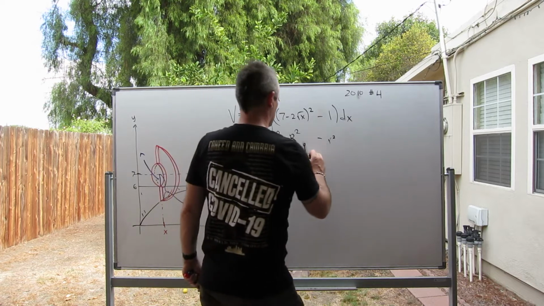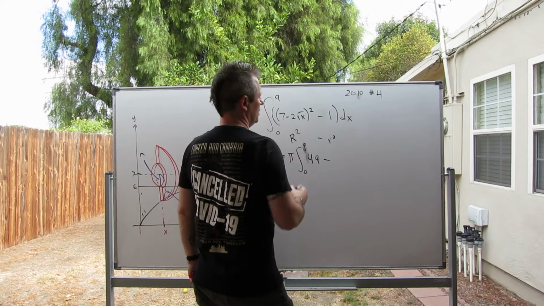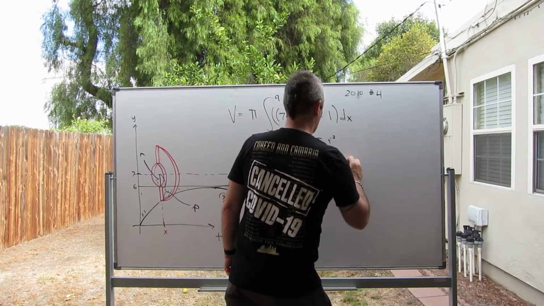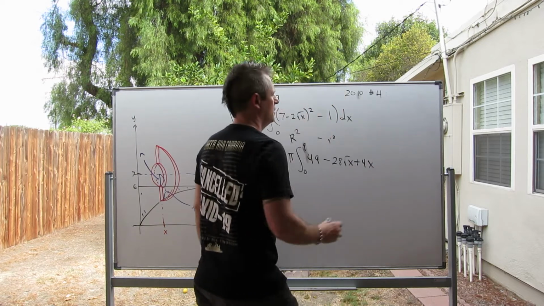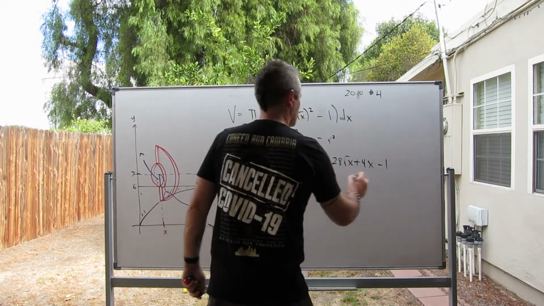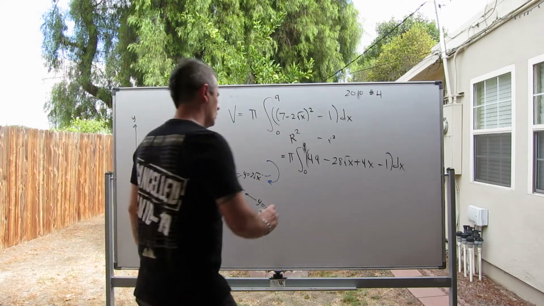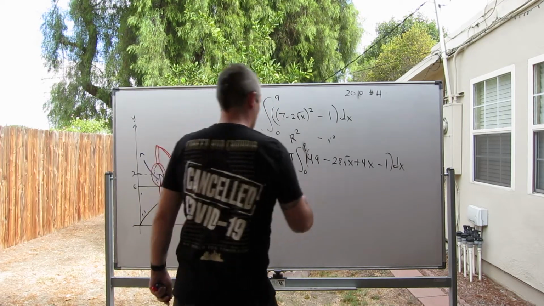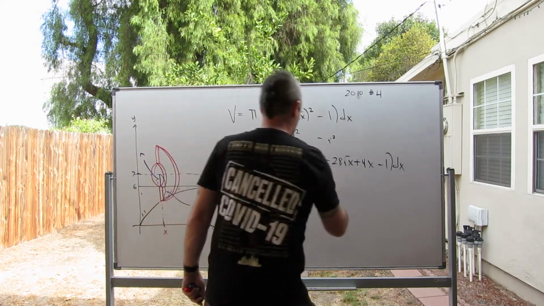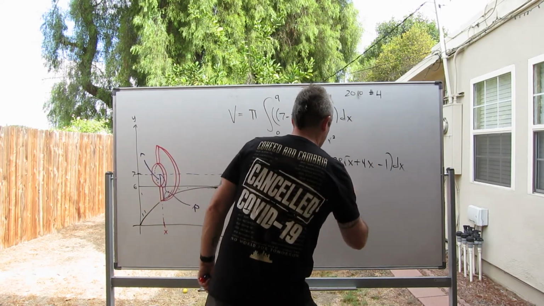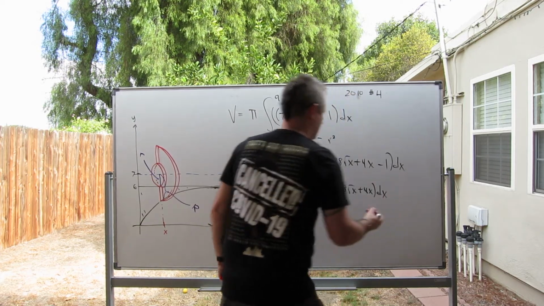That's going to be 49, minus 14 times 2, which is 28 root x, plus 4x minus 1 dx. So that ends up being pi times the integral from 0 to 9 of 49 minus 1 is 48, minus 28 root x plus 4x dx.